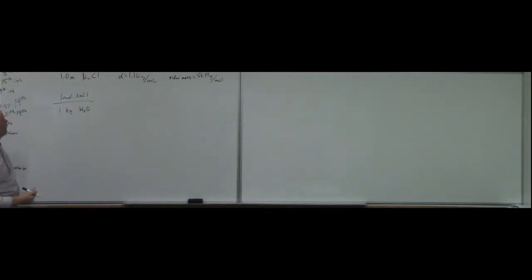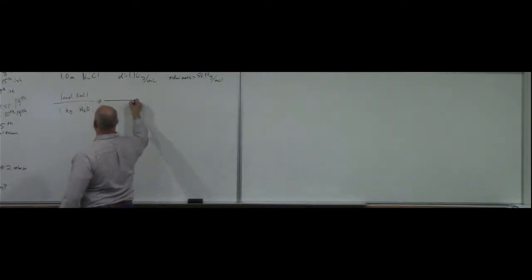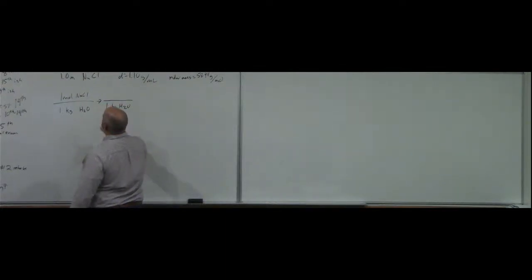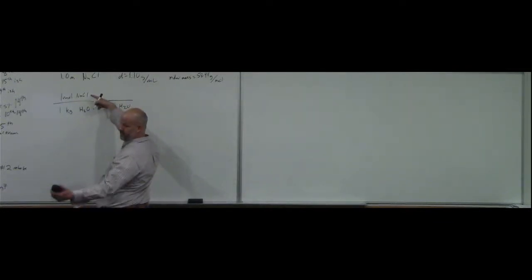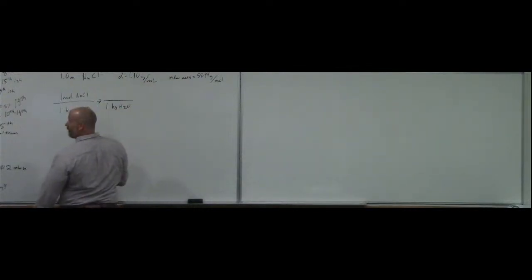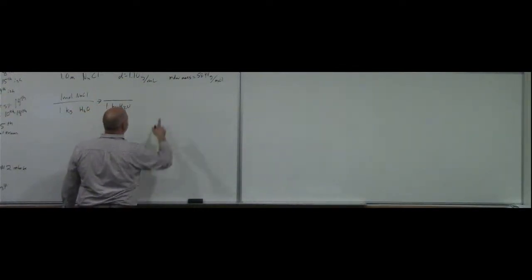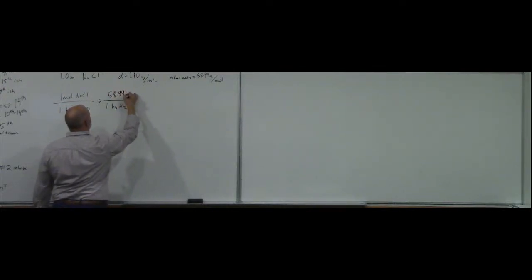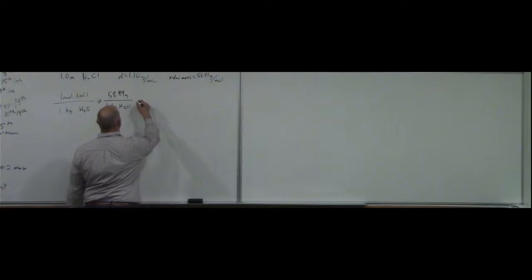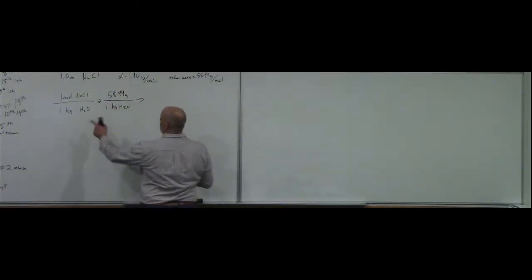Okay, good. All right, so the first thing I want to do is get this into mass, right? We'll keep it as over 1 kilogram of water. So 1 mole of sodium chloride is going to be 58.44 grams, right?